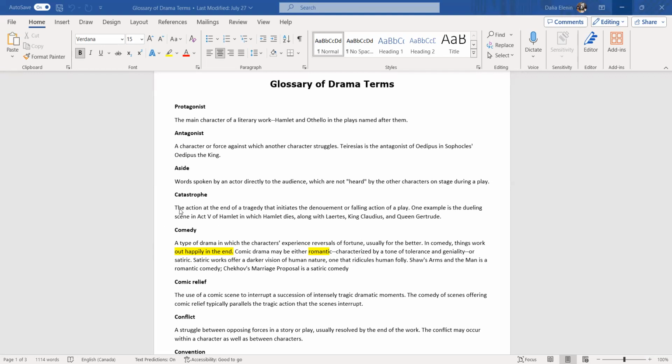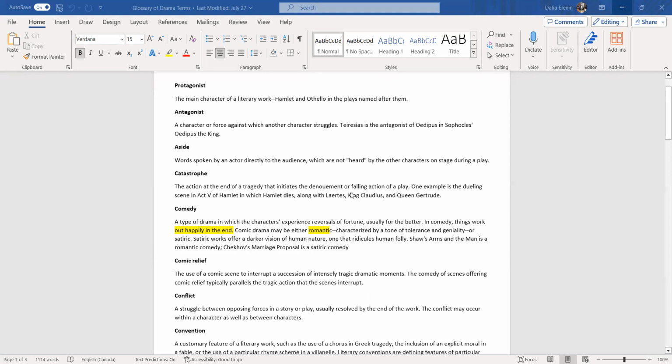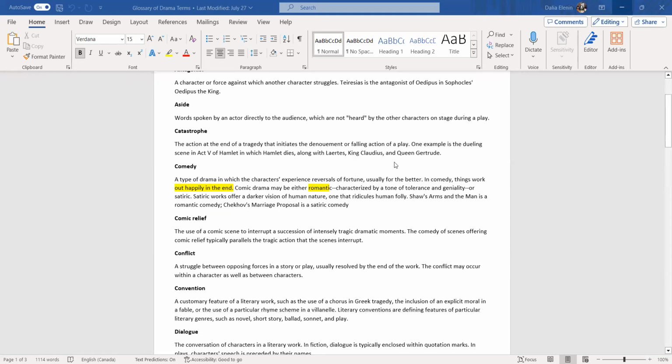You have also catastrophe, which is the action at the end of a tragedy that initiates the denouement or falling action of a play. Remember, in the novel we used to say resolution. So a similar expression for the play or for the drama is called the catastrophe.